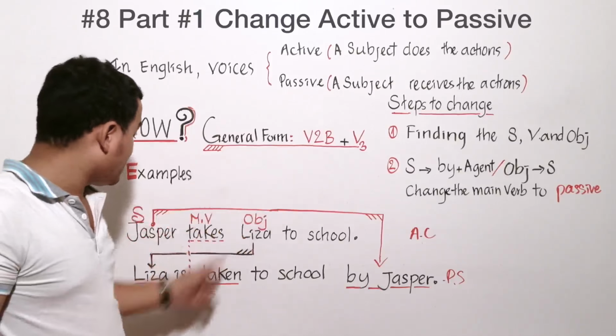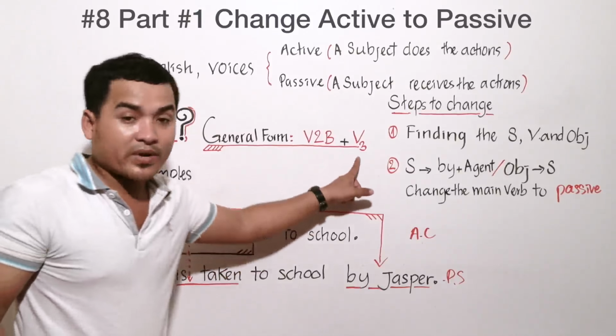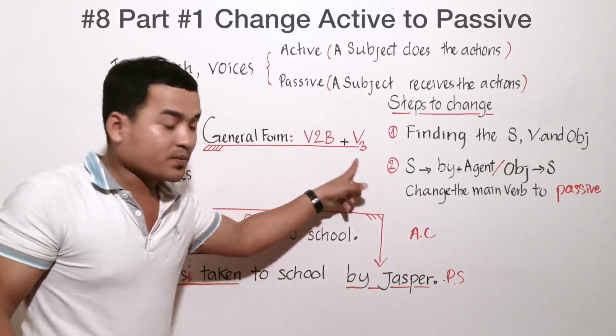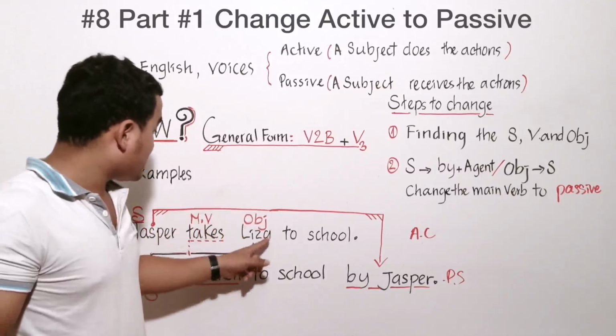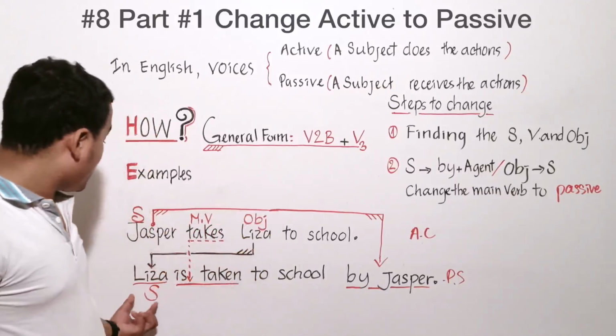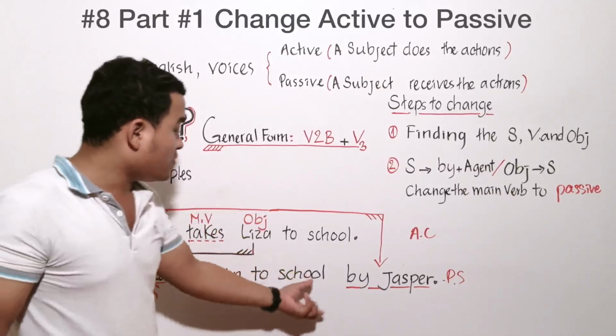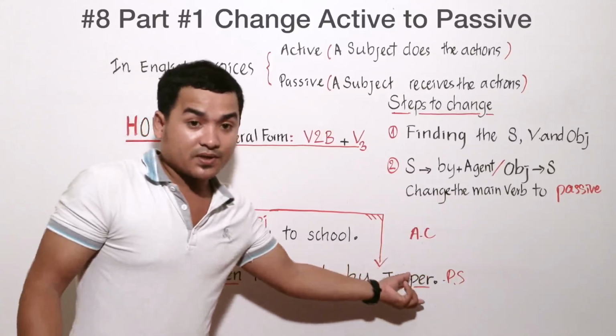Alright, so you put verb to be is right here and then change the main verb into past participle or verb 3. So takes right here is going to change to taken. So we got a passive sentence. Lisa is taken to school by Jasper.